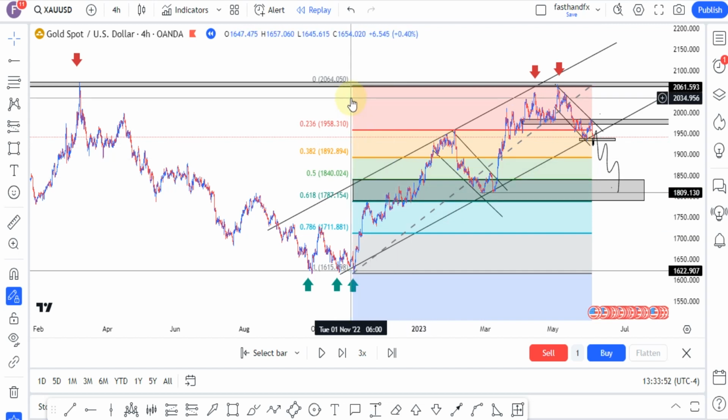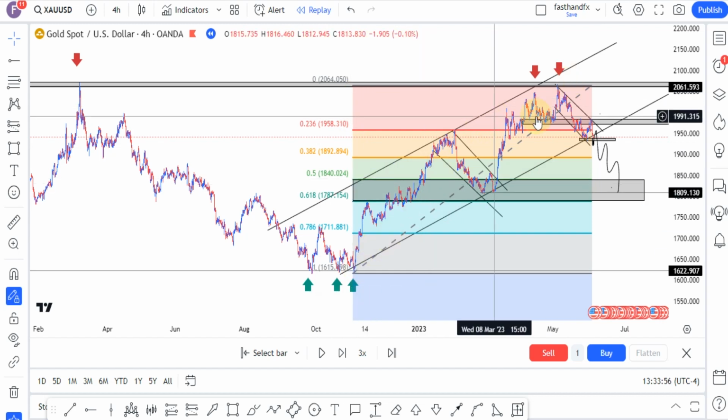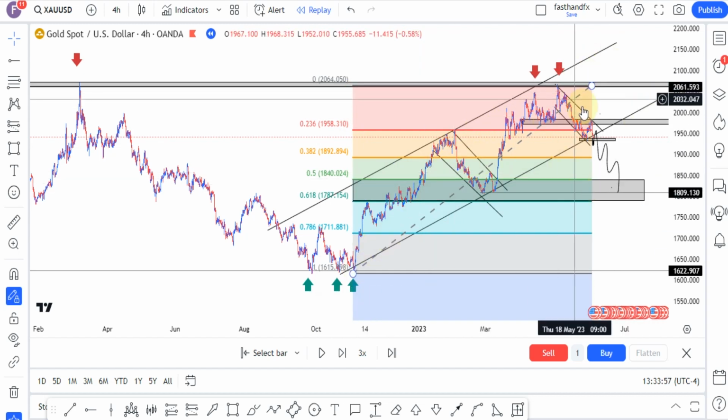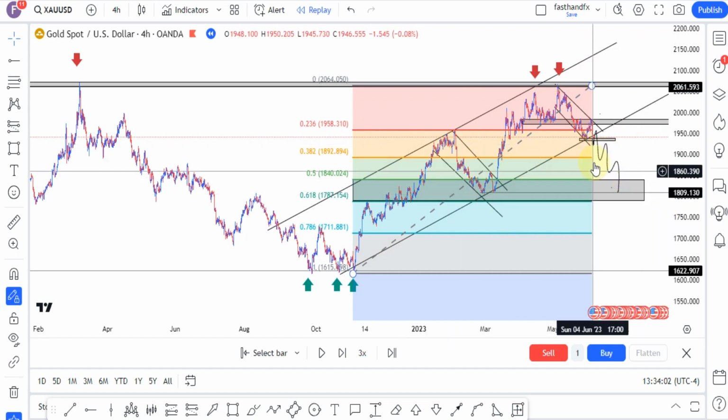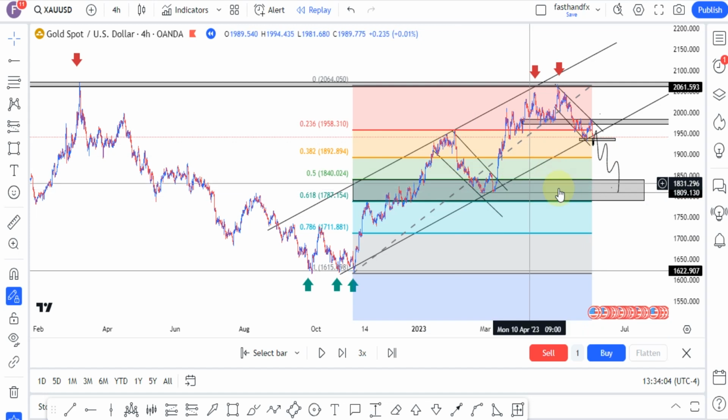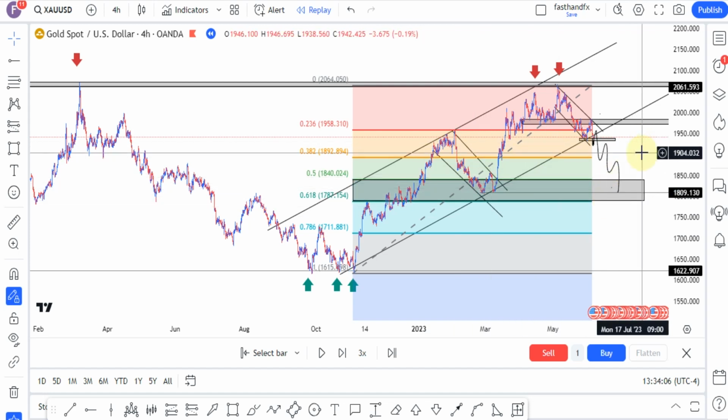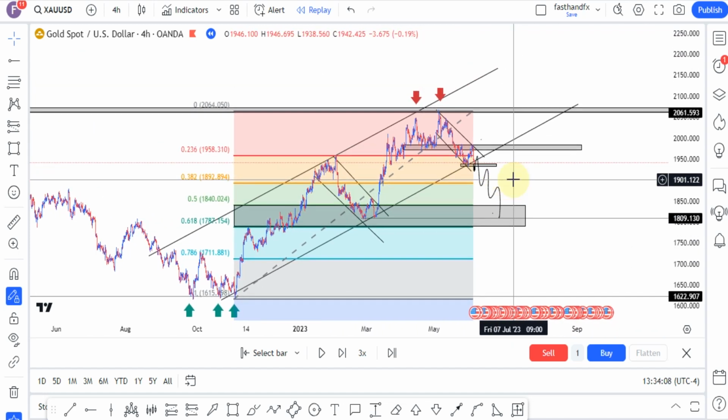And remember, this is a bigger time frame. So the market did go up. It came back to this area. So this is where we expect the market to come all the way down here. Then after this, you can now start looking for buys from this area.